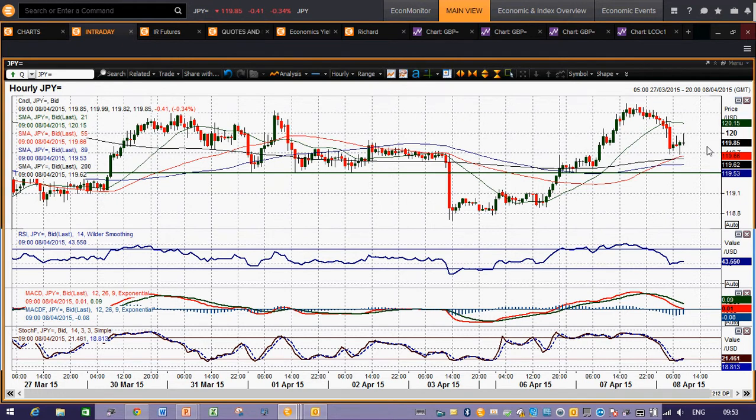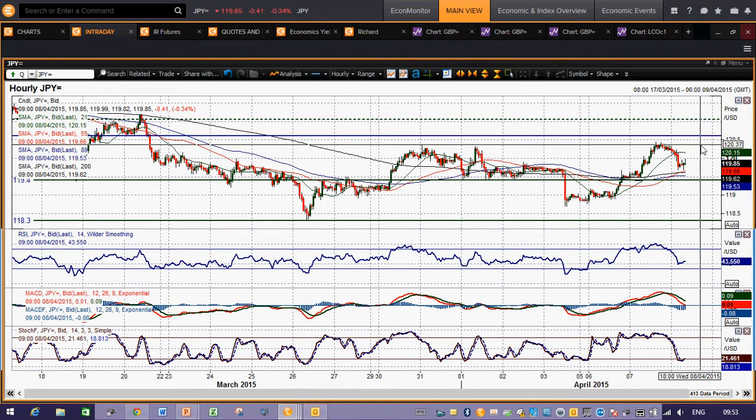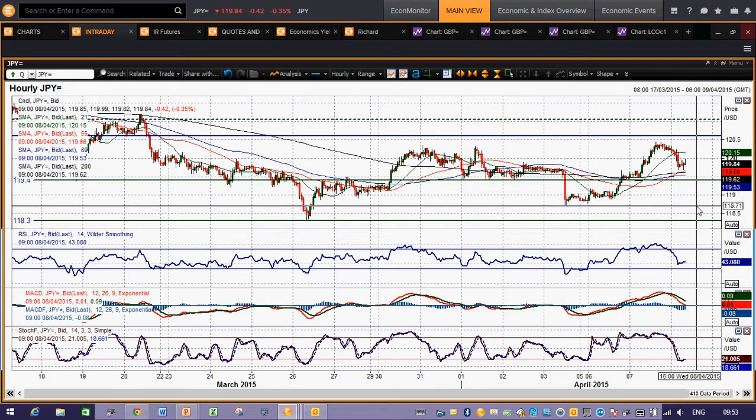But yeah, I just think we just continue to play this range. It's difficult to gauge this one today and say exactly where I think it's going to go because it's fairly much in the middle of the range. You'd rather play the extremes of the range, which is 120.40 and down to 118.70 at the moment.